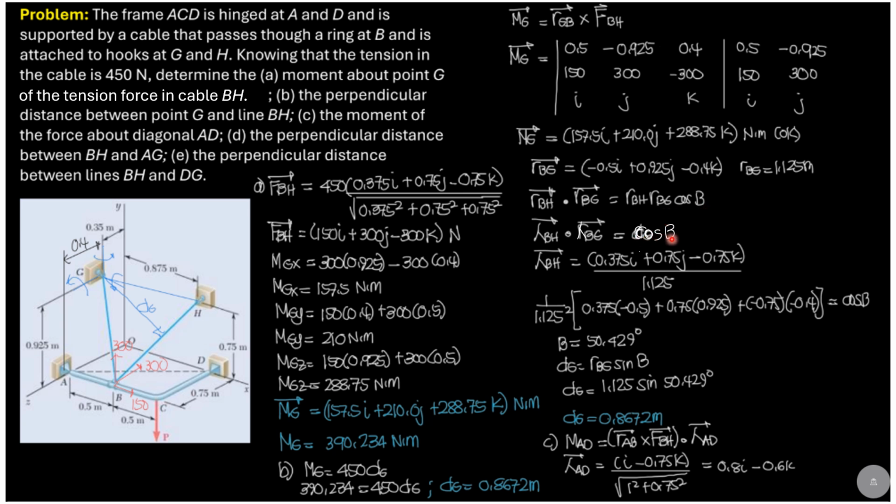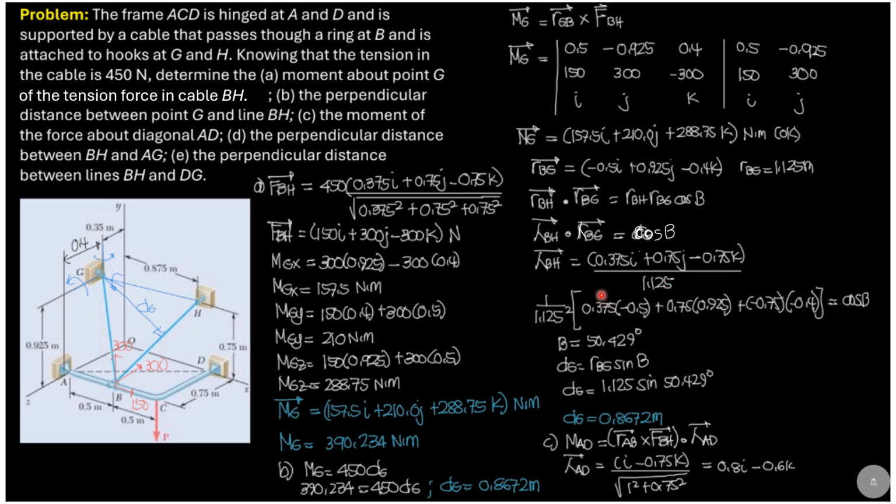So let's solve for beta. This is the unit vector of BH, which is 0.375 I plus 0.75 J minus 0.75 K, this value here. The magnitude is 1.125.